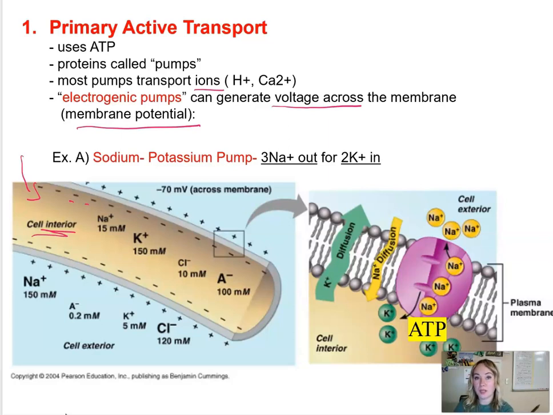Anytime a neuron is not conducting an impulse, it's at rest or it has a resting potential, we say that the charge on the inside of that cell at this point is going to be negative. But when the charge is reversed, it becomes positively charged because of channels that have opened up and allowed for the influx of sodium. So now the charge is reversed, it becomes positive, and we say we have generated action potential. So all of these turn into positive charges here.